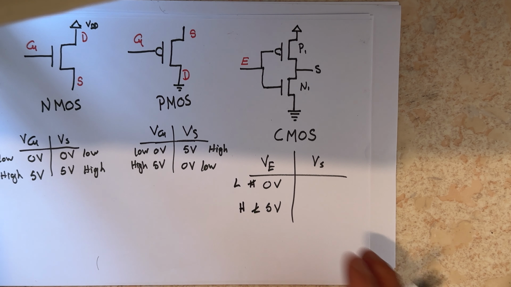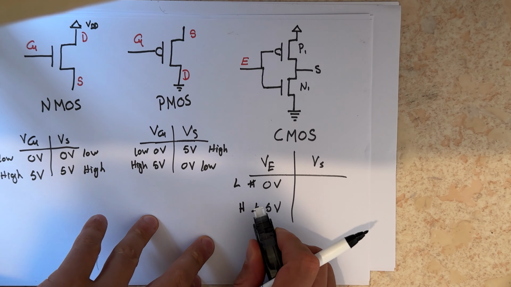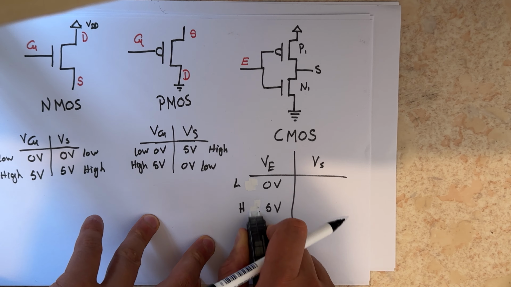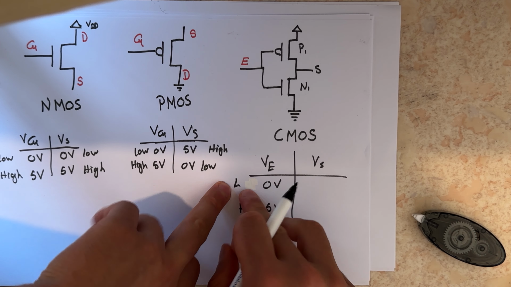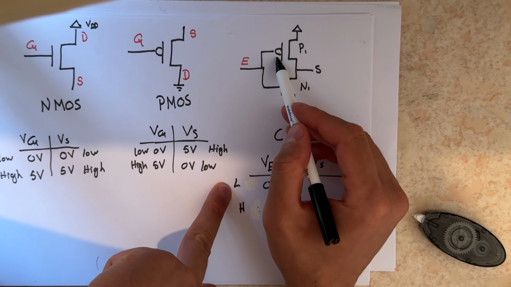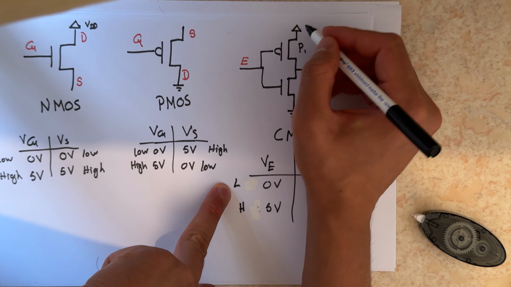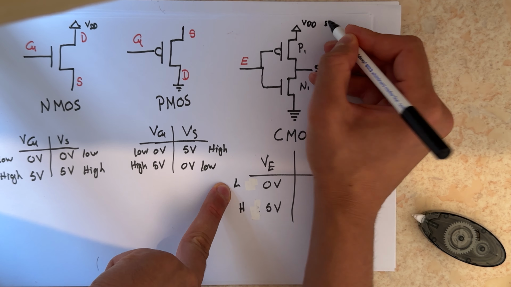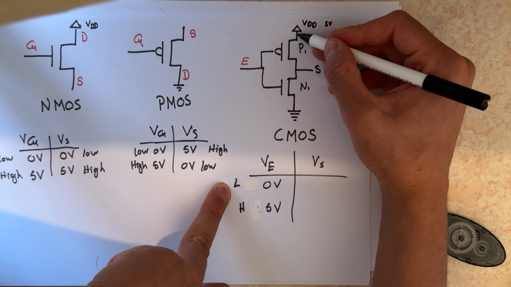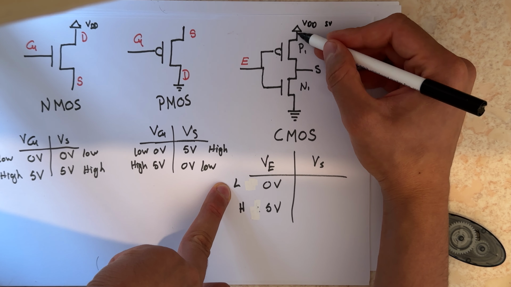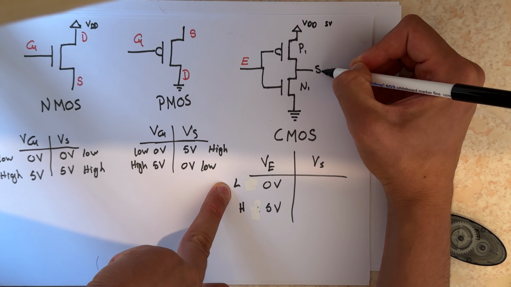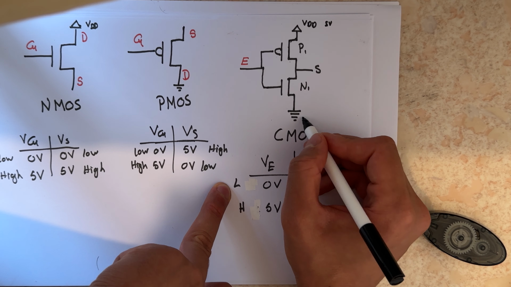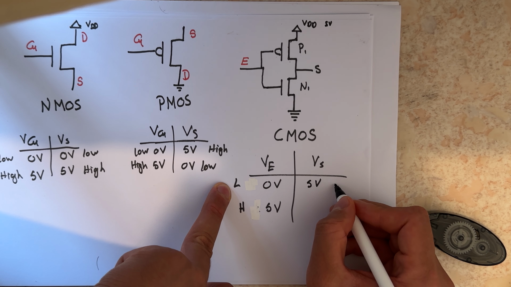Let me remove this so you wouldn't get confused. So when you apply low, the pMOS will get activated. So if here we have a VDD or 5 volts, this one would get activated, and the current would go from VDD to S, okay. So it would be 5 volts, and it would be high.